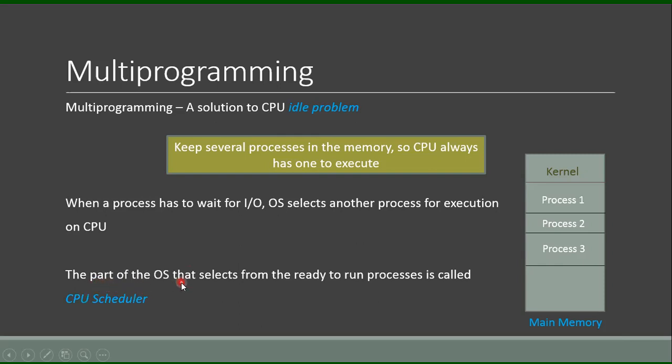The part of the operating system that selects from the ready to run processes is called the CPU scheduler. Ready to run processes are those processes which are in the main memory and are ready for execution.